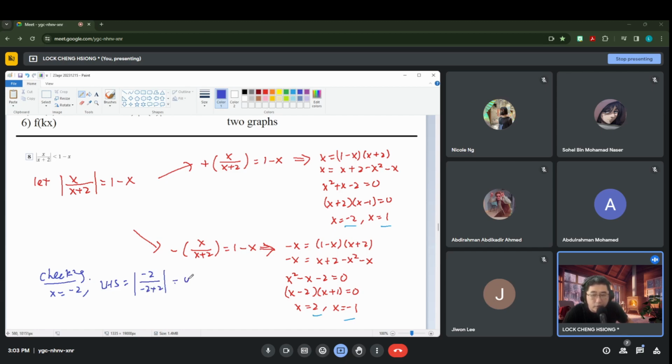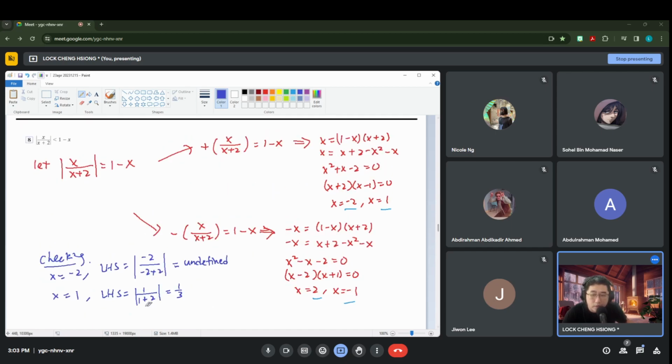This one is undefined, so you reject it. Then x equals 1. The left hand side equals 1 over 1 plus 2, so I have 1 over 3. Right hand side, I have 1 minus 1. It's 0, different. Reject.